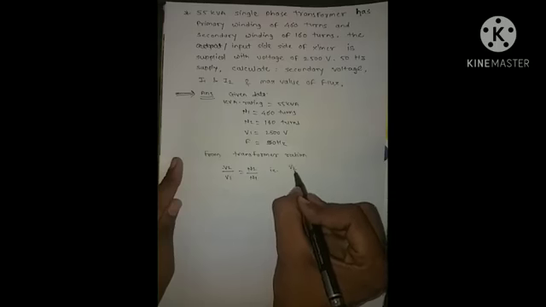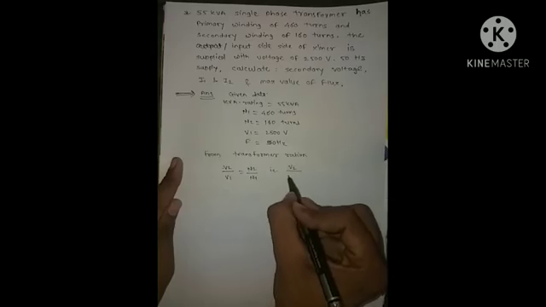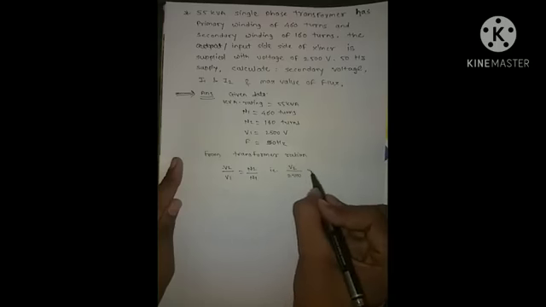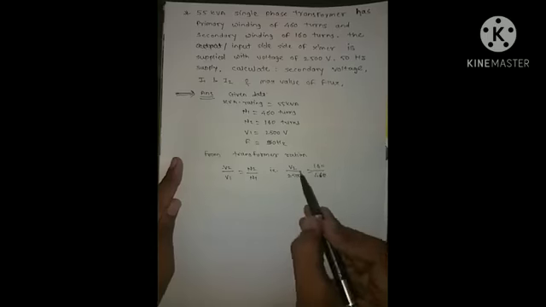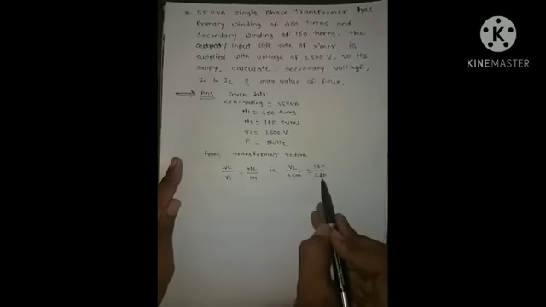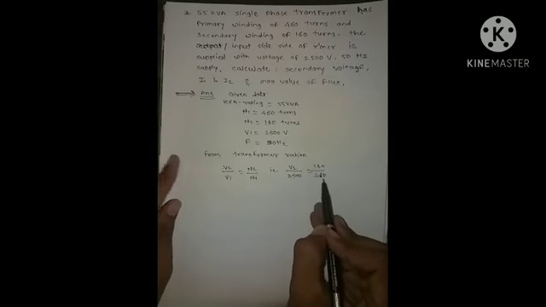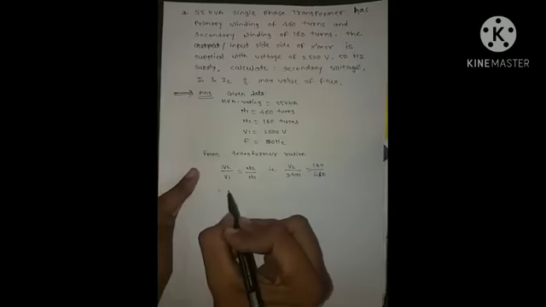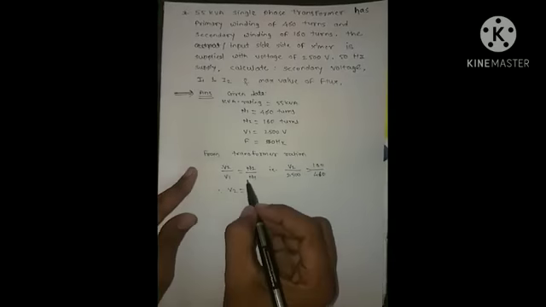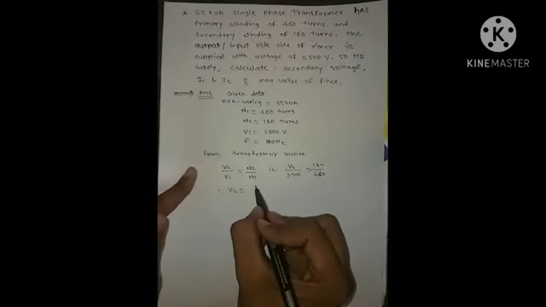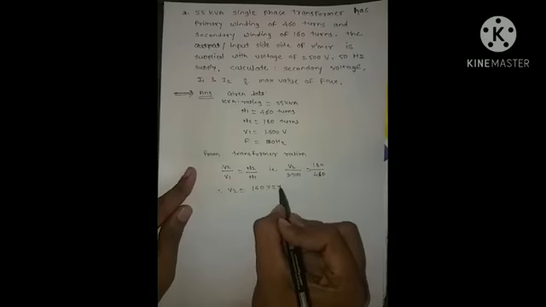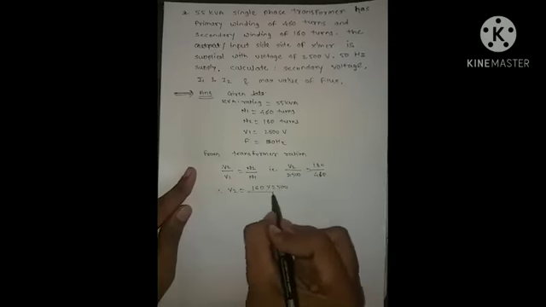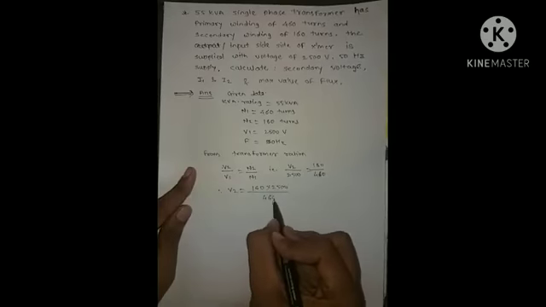We can get V2 upon 2500 equals 160 upon 460. We put here the values of V1, N2 and N1. Okay, so we get V2 equals 160 into 2500 upon 460.